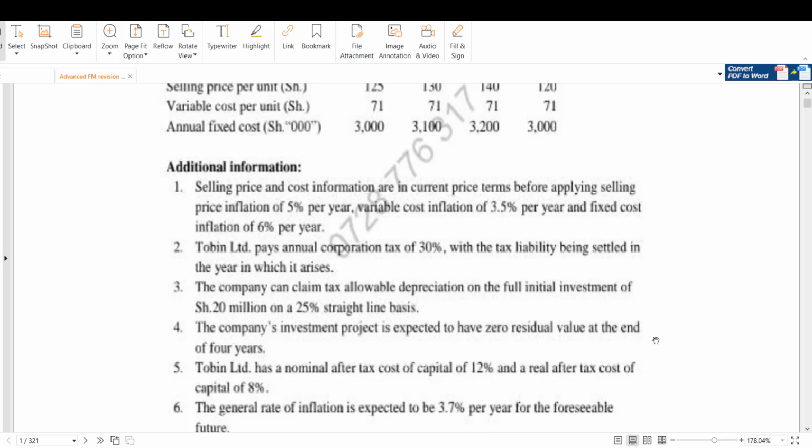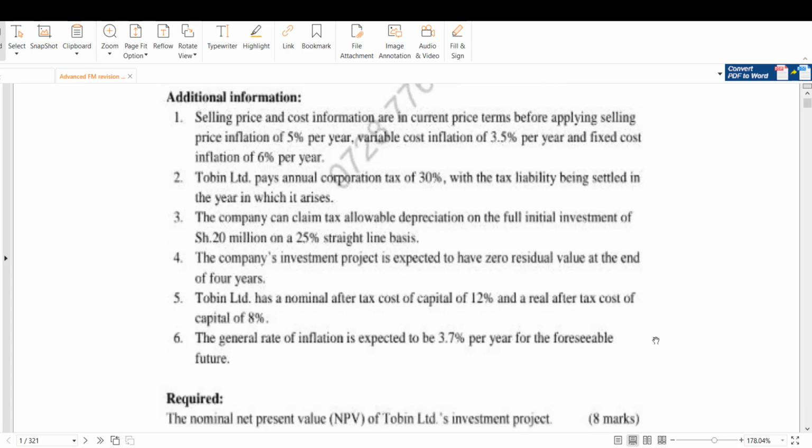Fine. Tobin Limited has a nominal after-tax cost of capital of 12% and a real after-tax cost of capital of 8%. And then the last point, number 6, the general rate of inflation is expected to be 3.7% per year in the foreseeable future. That's okay. Required: the nominal net present value of Tobin Limited.